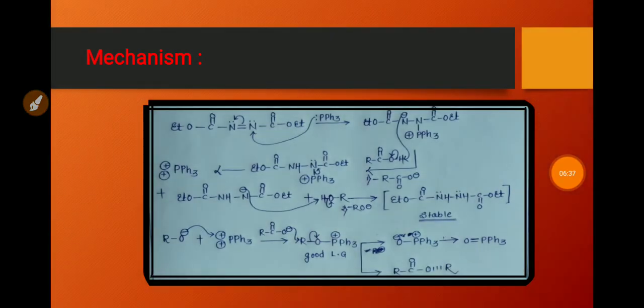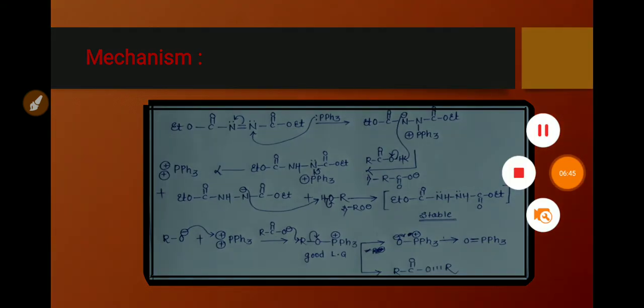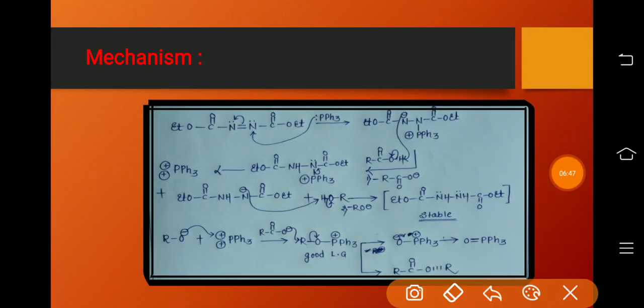Therefore, this N minus will abstract a proton from the carboxylic acid. After that, the initial bond between nitrogen and phosphorus is broken in a heterolytic manner, such that both electrons of the bond remain on nitrogen.